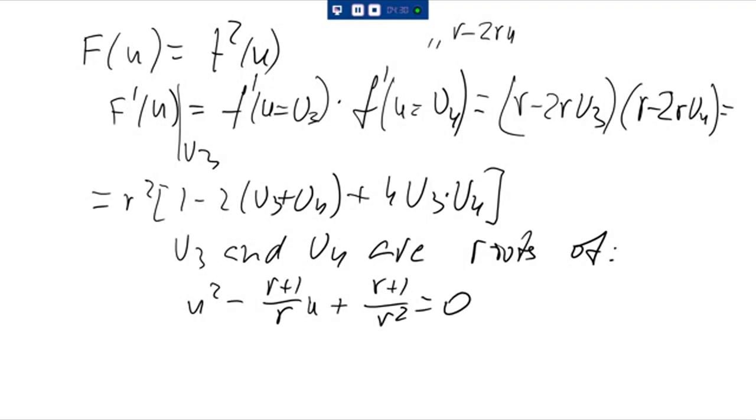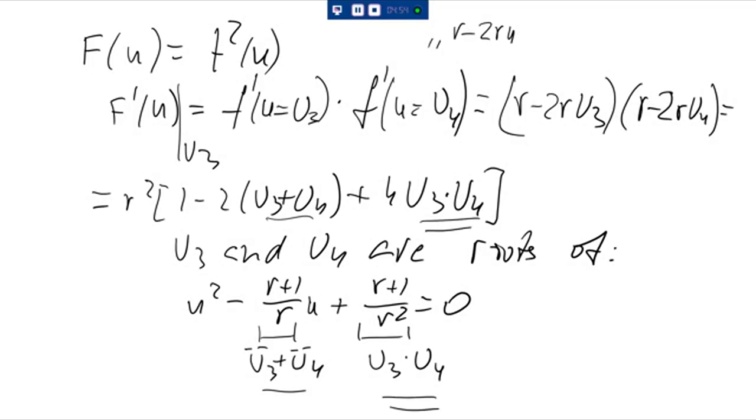And using Vieta's formulas, we conclude that this term is u3 plus u4, and this term is u3 times u4. And now we can put here u3 plus u4 and here u3 times u4.